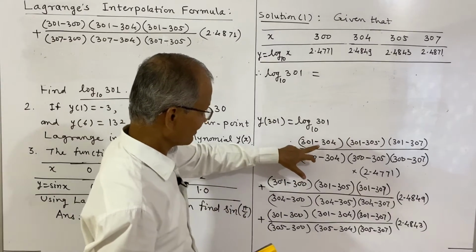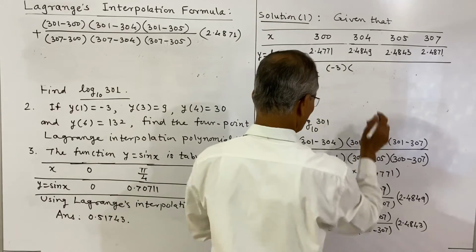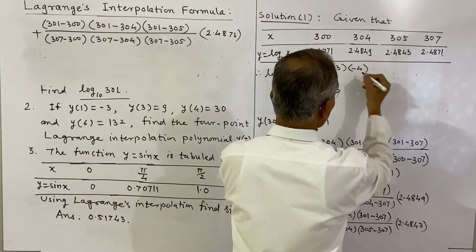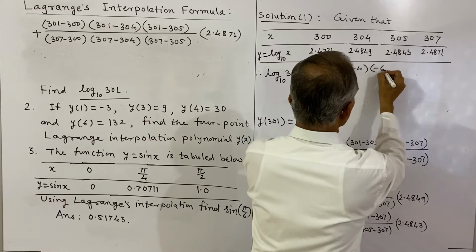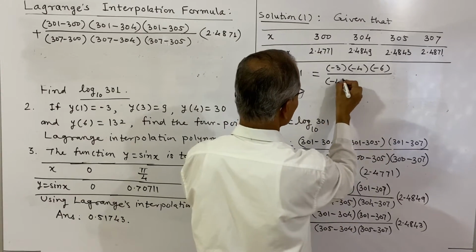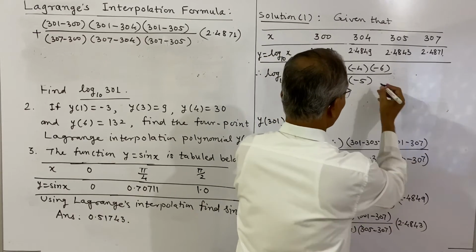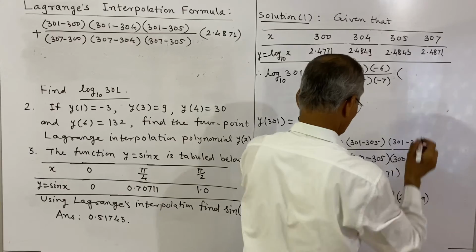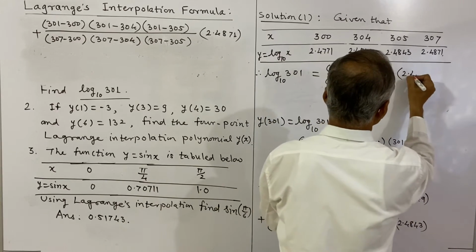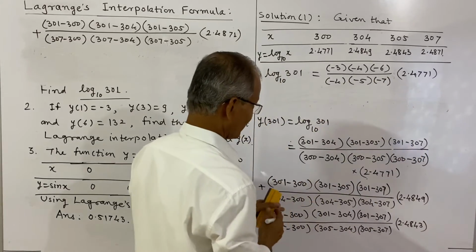That is 301 minus 304 is minus 3, and this is minus 4, and this is minus 6, divided by this is minus 4, minus 5, and minus 7, times this value, 2.4771. First value we have written.